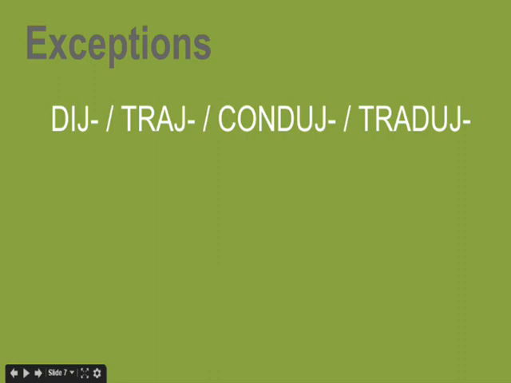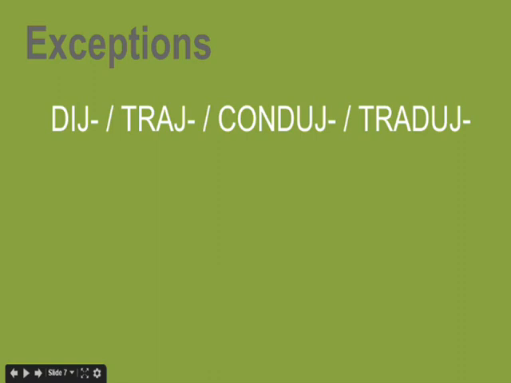The other set of exceptions for these irregular verbs are the verbs decir, traer, conducir, and traducir. And they have something that happens with them, all because they end with the letter J on their irregular stems. Dij, traj, conduj, traduj. They all end in the letter J, jota.